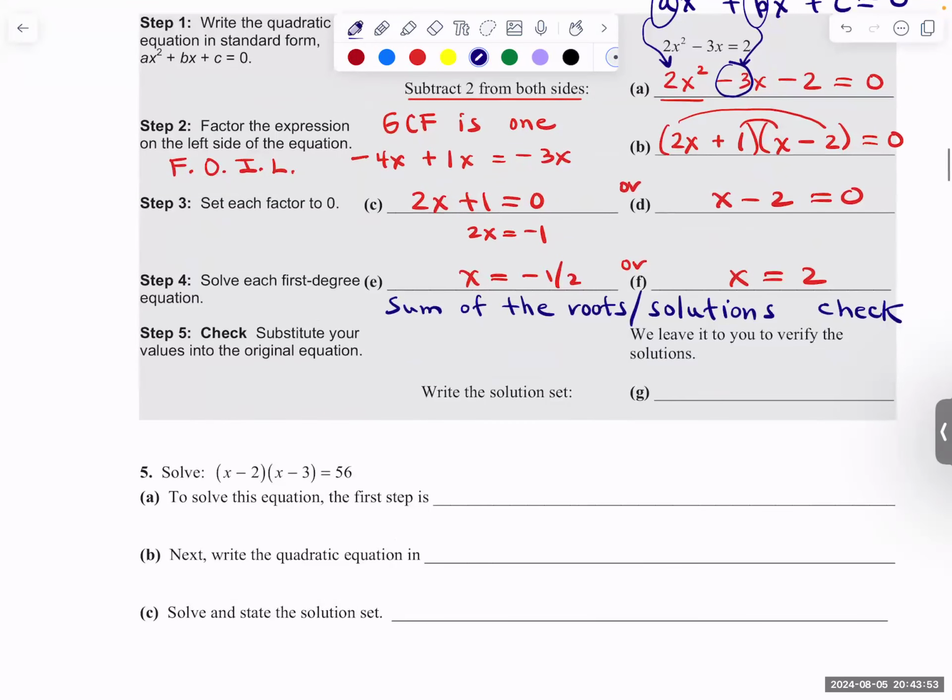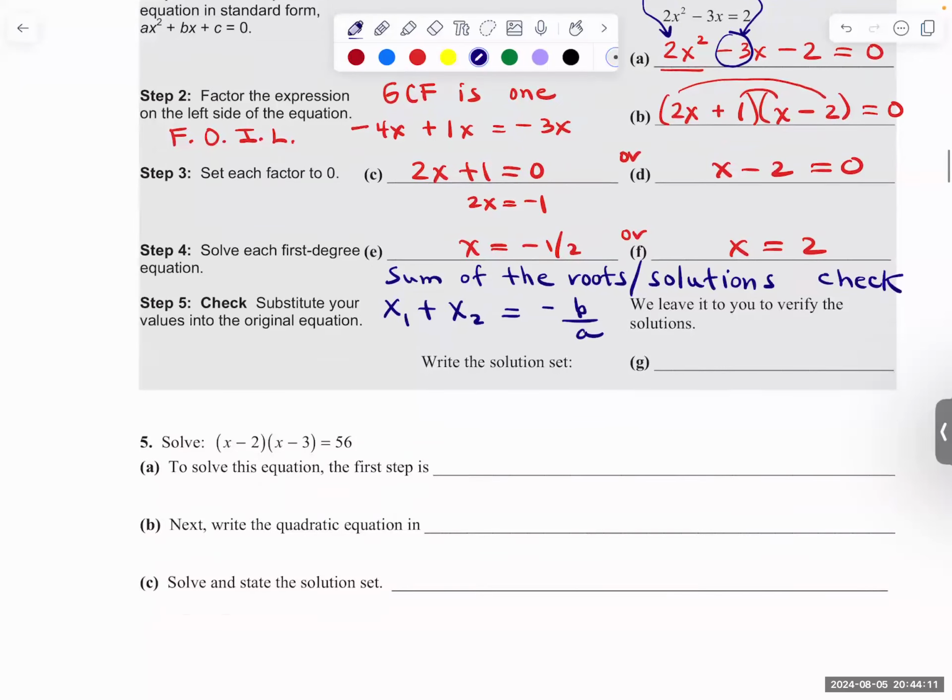If we represent the roots by x sub 1 and x sub 2, and we add the two roots, the sum of the roots, if the two roots are correct, is going to equal negative b over a. So if we add negative 1/2 plus 2, that should equal negative b, which is negative 3, divided by a, which is 2.